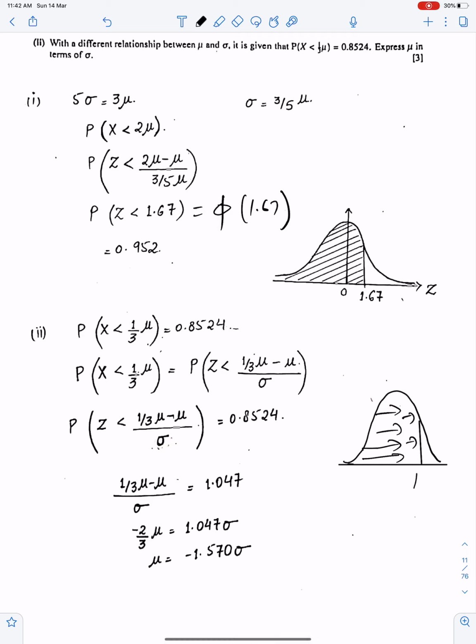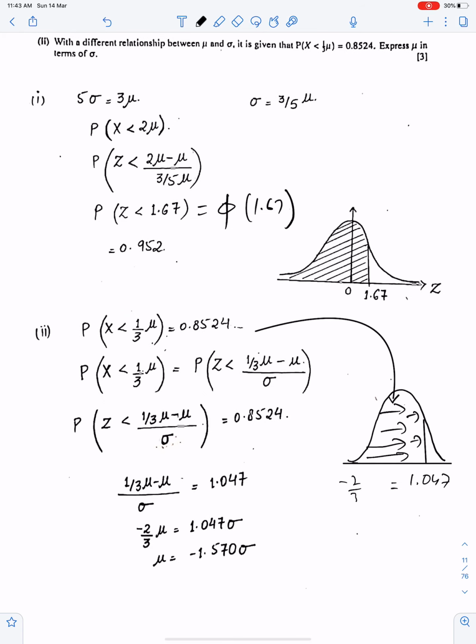So your number is positive, mu upon 3, and this area is here. So this must be phi, and you can easily get this either by using a table or calculator. So this is the answer. This number is 1.047, and here we have minus 2 upon 3 mu. So mu is this.